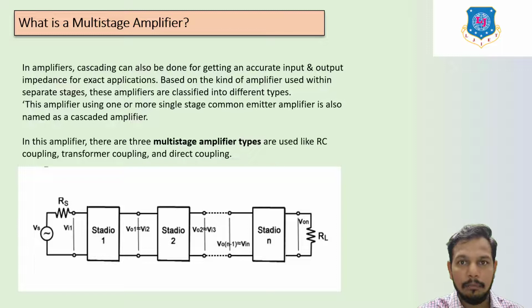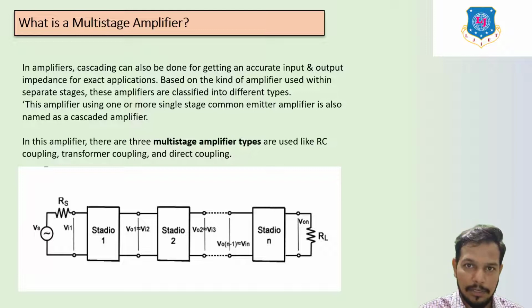For example, multi-stage amplifier, as per its name, means there are a number of stages available for the amplification method. Here you can see the multi-stage amplifier diagram, in which we use a number of stages for amplification.